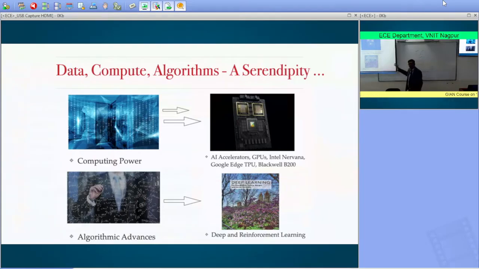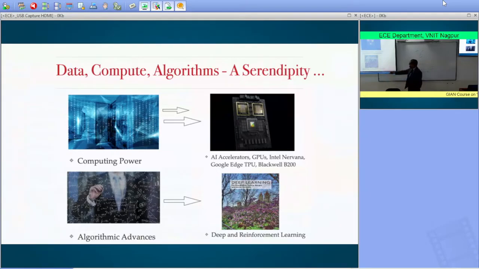NVIDIA has been releasing new GPUs very frequently. Their latest GPU is called Blackwell B200, which is meant for artificial intelligence applications. These companies are building artificial intelligence specific chips that are much faster and more efficient for artificial intelligence algorithms.